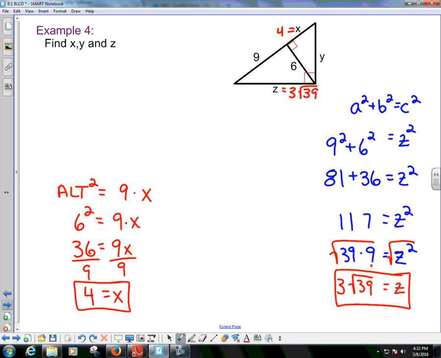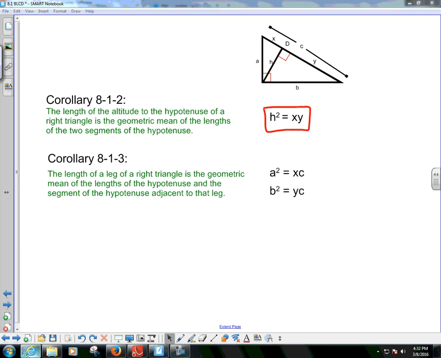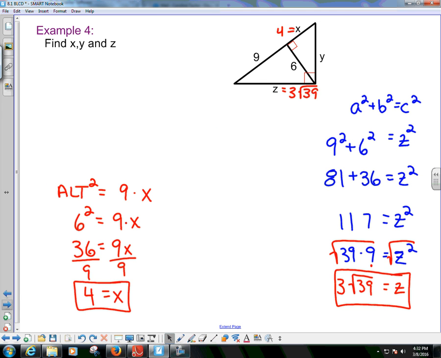I can do y one of two ways. I can come over here and use a squared equals x times c, or I can use the Pythagorean theorem. I'm going to use a squared equals x times c. Well, a squared was the short leg.